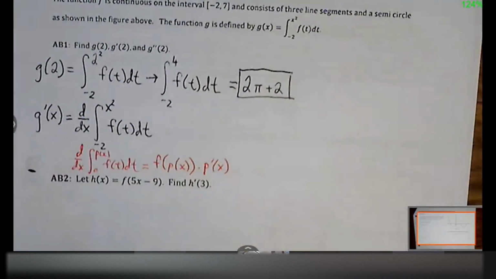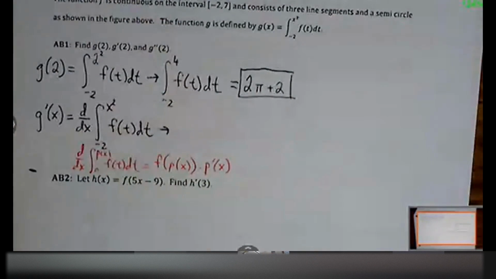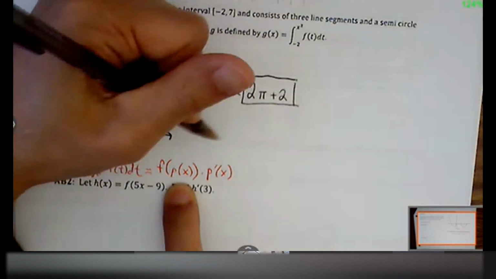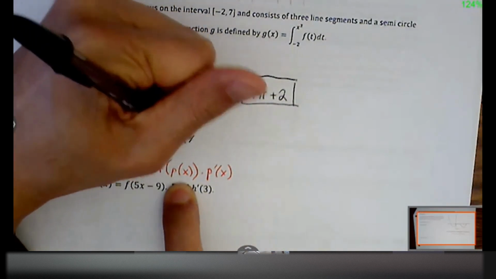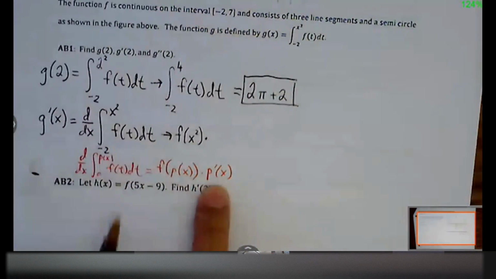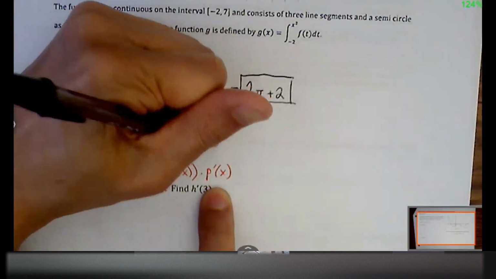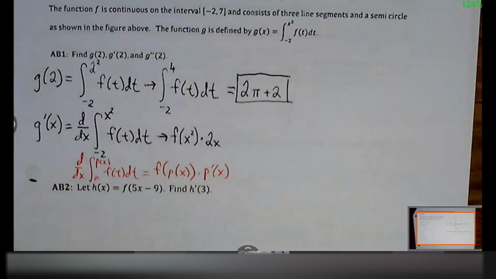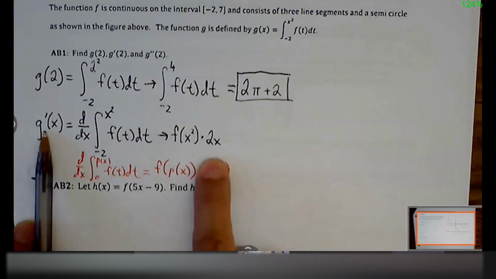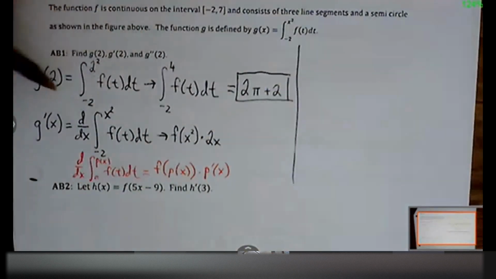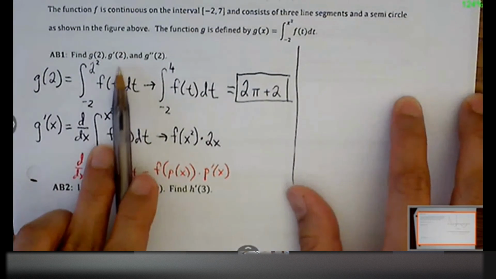If I want to find g prime, the upper bound gets inserted just like the rule says, times p prime, so times my upper bound's derivative, which is 2x. So g prime is simply f of x squared times 2x. If I want to find g prime of 2, I'm just going to follow whatever the rule says.